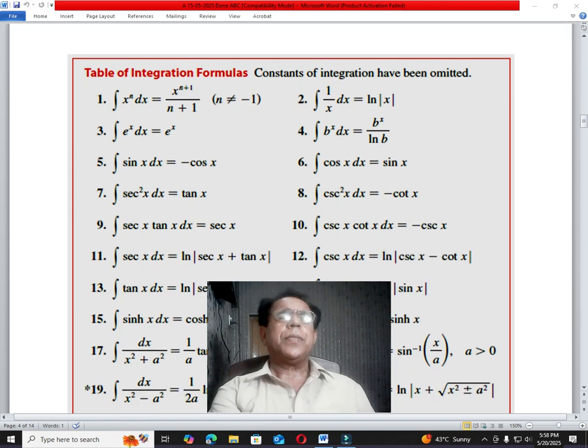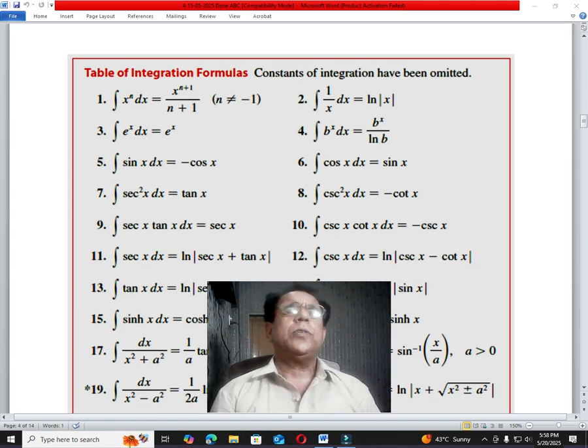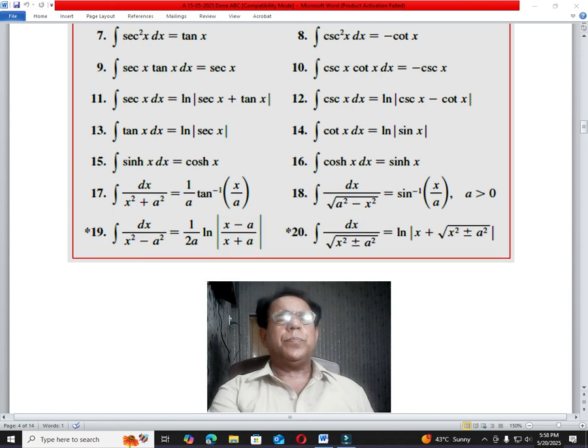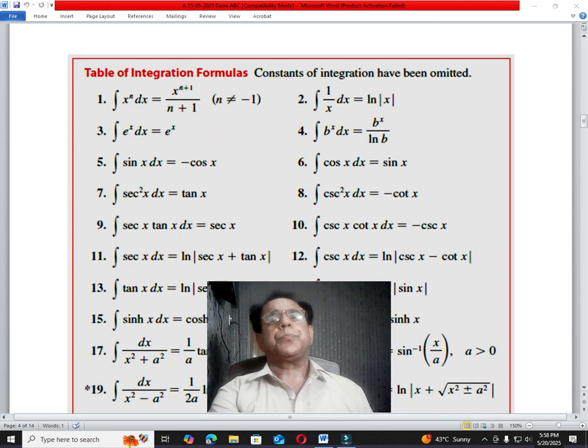Next, this is just another version of the same formulas, almost the same formulas, rather a little larger collection. There are 20 formulas. In the previous slide perhaps less than 20 formulas were included. So for example, dear students, formula number 1 will be used in these problems.